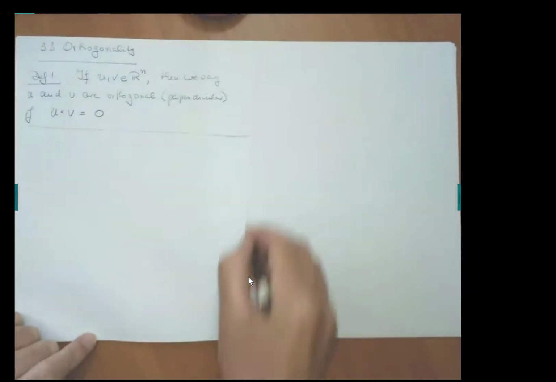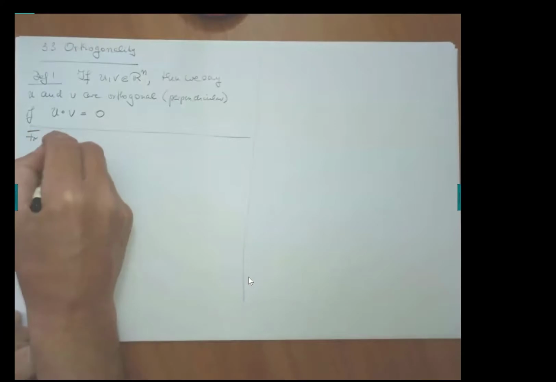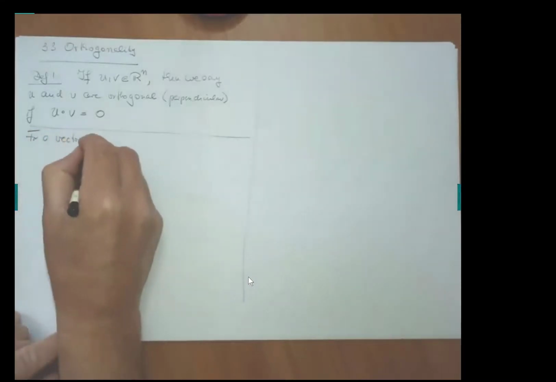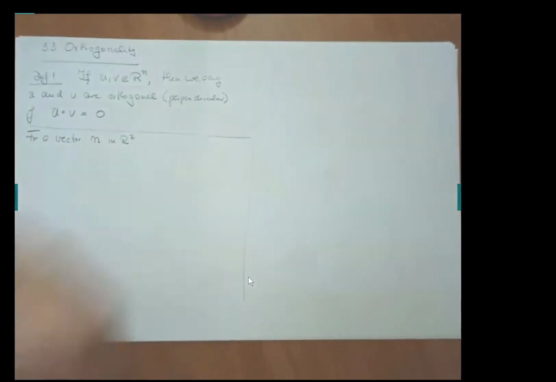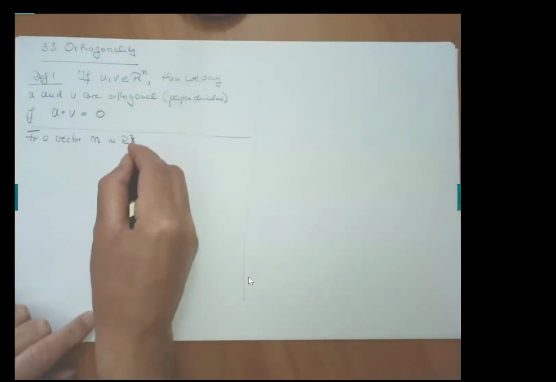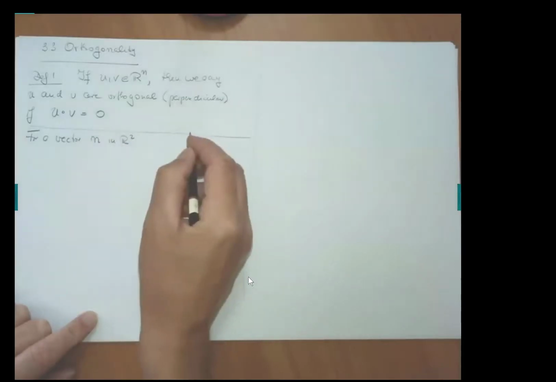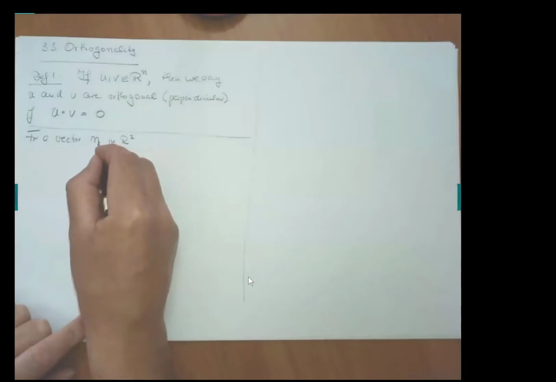So let's do this like this. So for a vector n in R2, so n is a vector in the plane. So n itself has two components, and we assume that n is not the 0 vector.